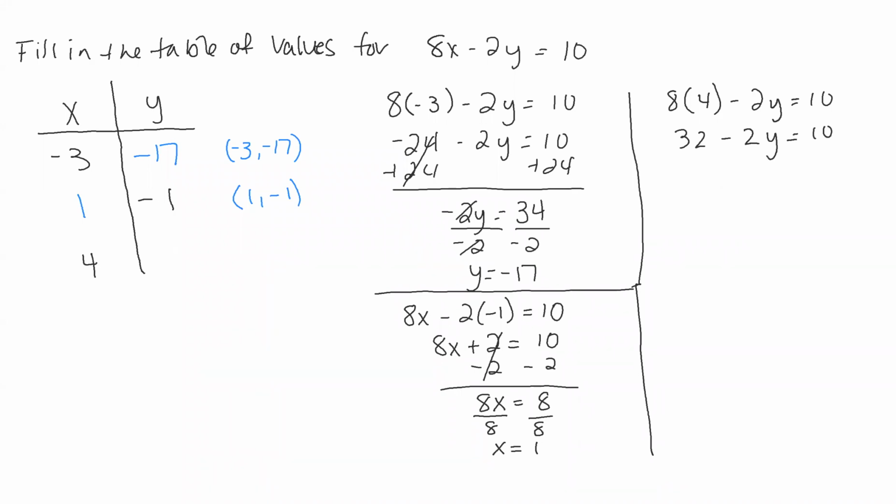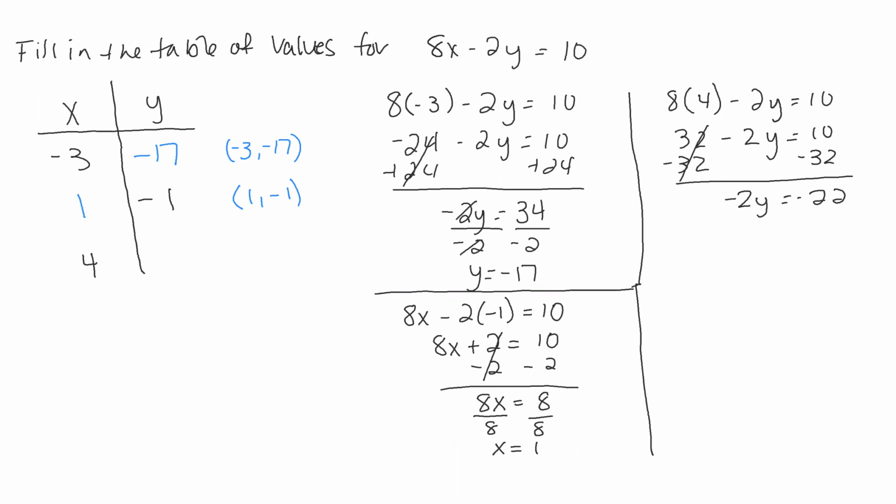I need to get the 2y alone, and the issue here is this 32. So since 32 is being added on the left, I want to subtract it, and I'm going to subtract it from both sides. The 32's on the left cancel. 32 minus 32 is 0. That leaves me with negative 2y equals negative 22.